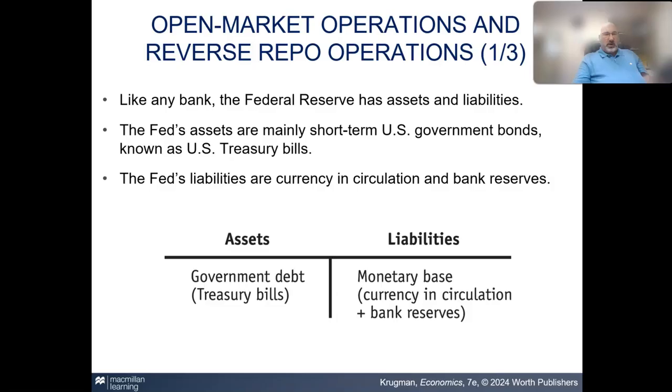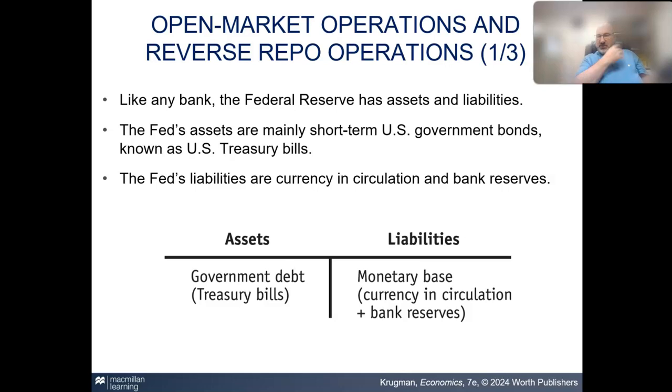So open market operations and reverse repo operations. Like any bank, the Federal Reserve has assets and liabilities. If you're an accounting major, I'm just going to say this now. Bank assets and liabilities are completely opposite from a normal company's assets and liabilities. Please do not get tied up in bank asset liability kind of thing.